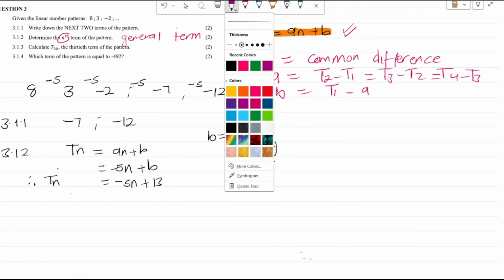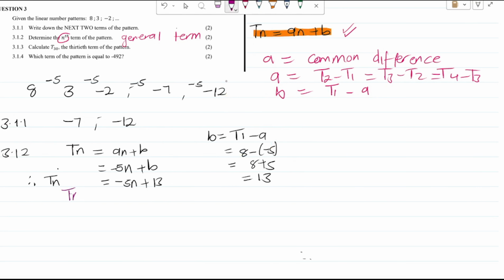Yes. So you would have your Tn because now we know the value of a. So you can just have Tn is equal to negative 5n plus b. Then you will go to your number pattern and you choose any number that you want to substitute. So let's say that we are choosing 3.